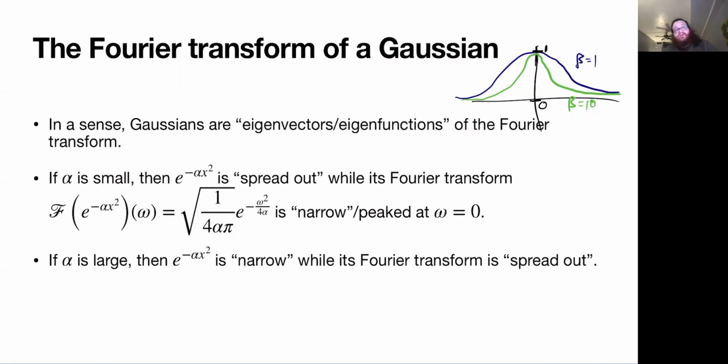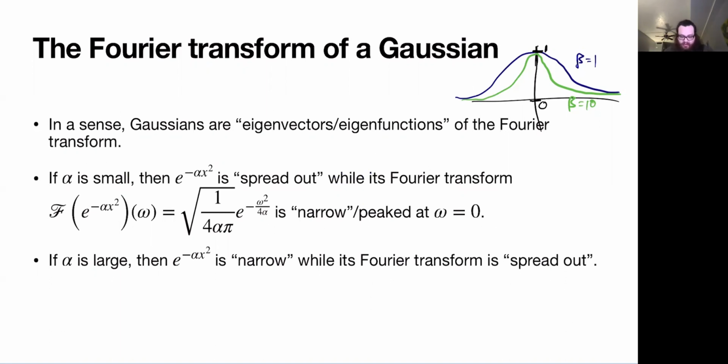So if we have a Gaussian with a small parameter, and we take the Fourier transform, on the frequency side the corresponding Gaussian's parameters are going to be large, and so the distribution of that Gaussian is going to be peaked near omega equals 0.